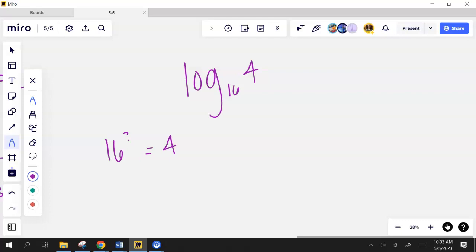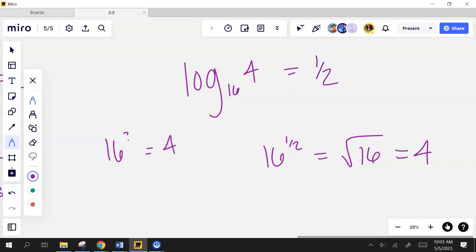Why 1/2, Emily? Exactly. This would be 1/2 because 16 to the 1/2 is the same thing as the square root of 16, which is 4. So you've got to go back to when we learned those roots and rational exponents and remember those so that you can do it here.